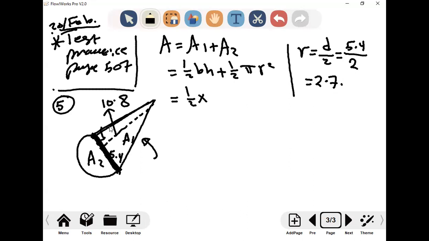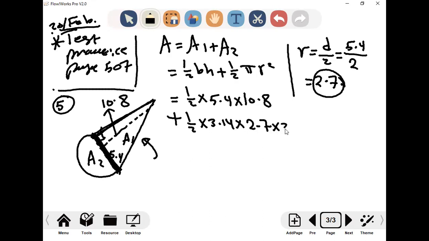You can use 10.8 and you can use 5.4. 5.4 multiply the height 10.8. This is for the triangle, plus half times 3.14 times the radius we calculated, which is 2.7 power 2, meaning 2.7 times 2.7.